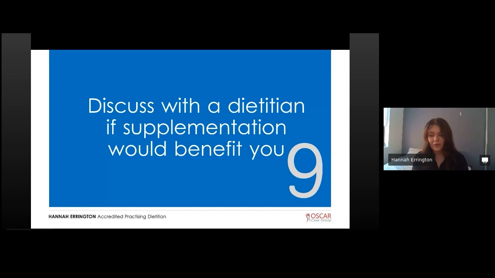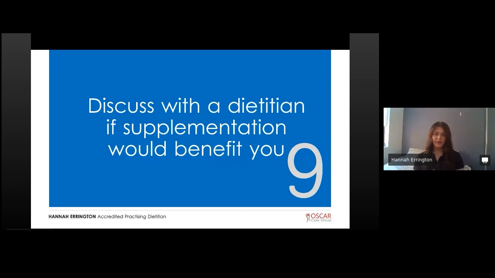When it comes to supplements for the gut, such as probiotics, there are many different strains and different levels of quality in supplements out there. So work with a dietitian to help decide if you actually need supplementation to begin with. And if you do, find a supplement that is going to be most beneficial for you, finding the right strain, making sure it's of a good quality, making sure that it's really personalized to you and your specific needs.